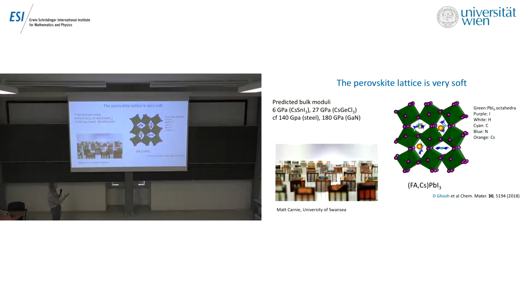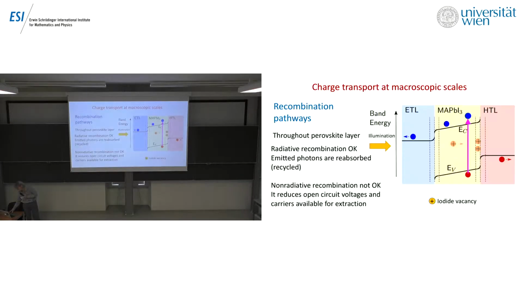It's got this classic structure, which was produced by Chris Eames in Saiful's group, which shows nicely how you've got these octahedra with the lead iodide, and in between these octahedra you've got these cations, which are often organic cations, but not necessarily organic cations. And the point is that these things wobble a lot, to use a nice scientific term, and Jarvis has also talked about this a lot in his papers.